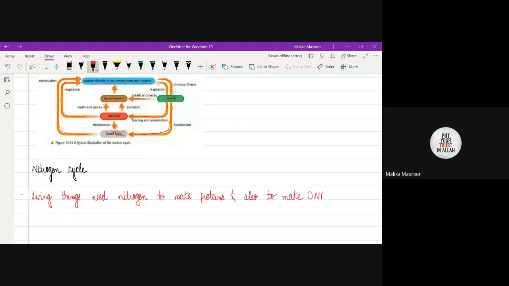Changing nitrogen gas into a more reactive form is called nitrogen fixation.